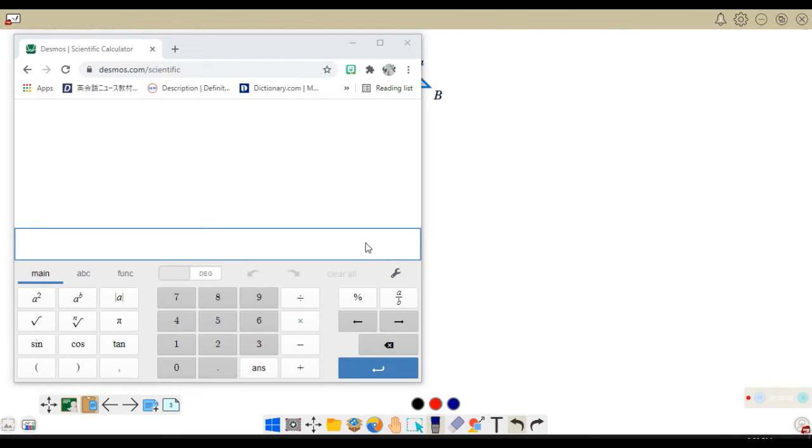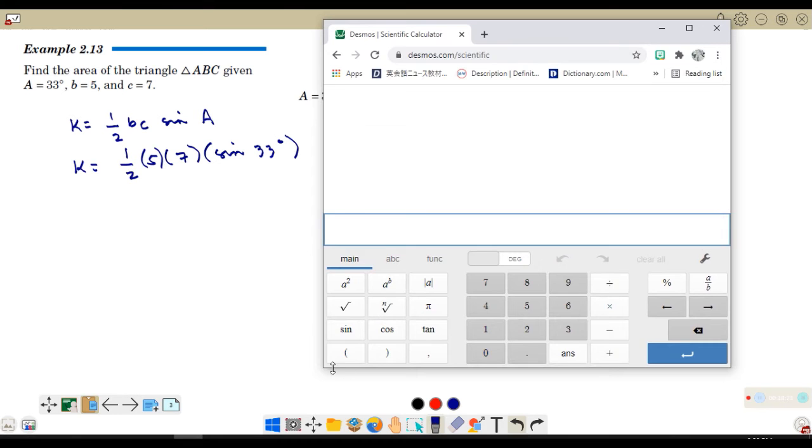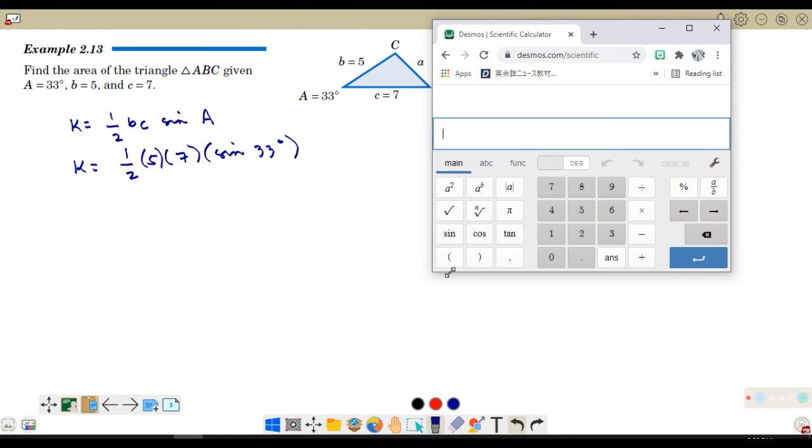Ready na yung scientific calculator natin dito. So, sana may hawak din kayong scientific calculator while I am inputting the values para nakakasabay kayo sa akin. So, we have here 1/2. So, lagay tayo dito ng fraction. 1/2.